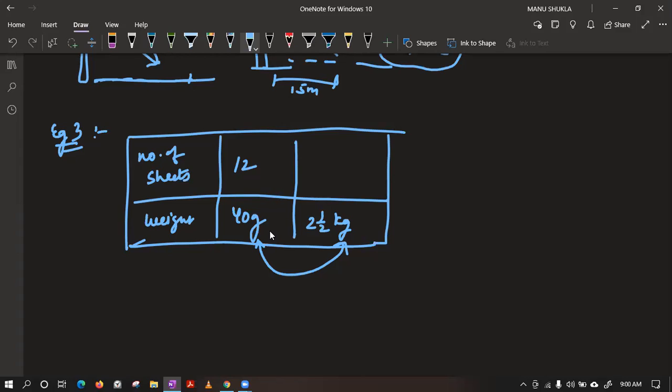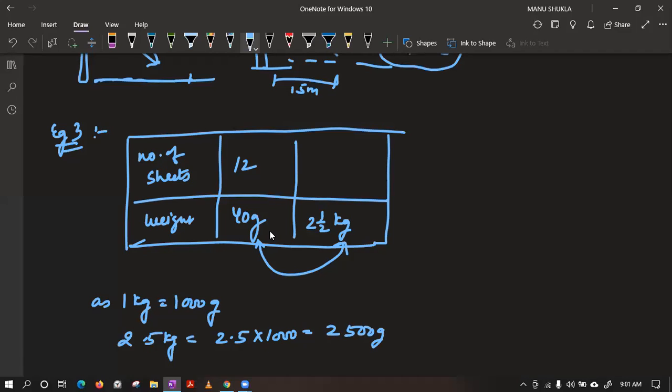As 1 kg equal to 1000 grams, we can say 2.5 kg will be 2.5 into 1000, that is 2500 grams. So this is 2500 grams, and this is x2, x1, y1 and y2.